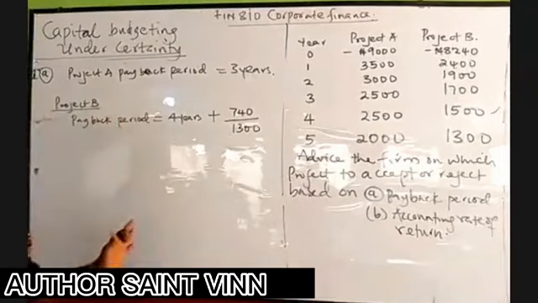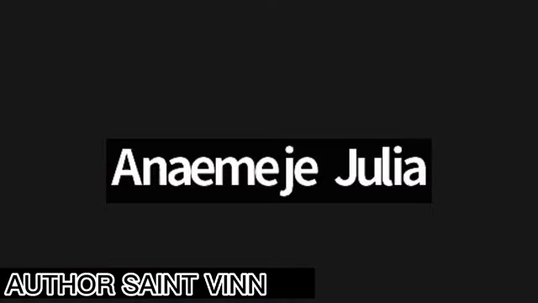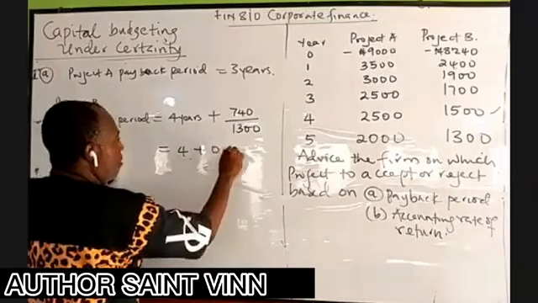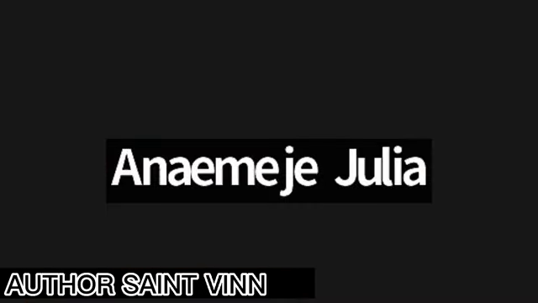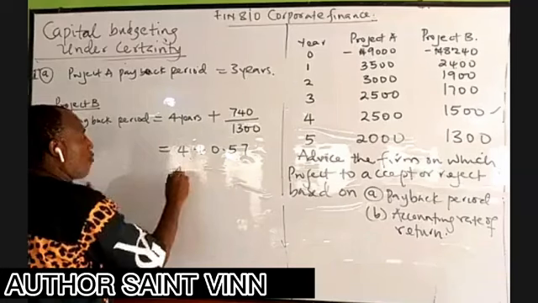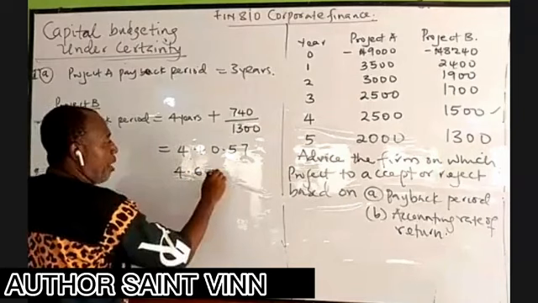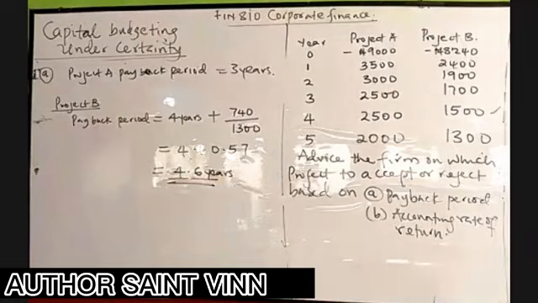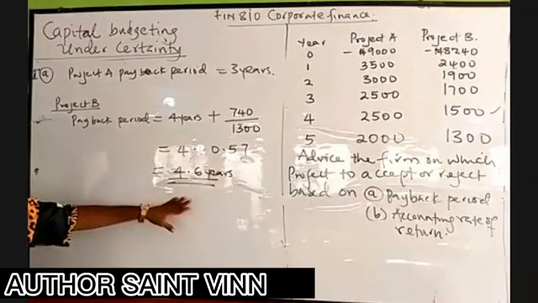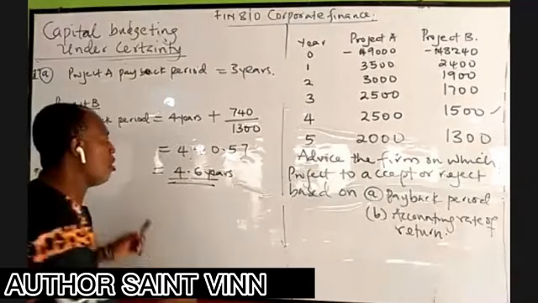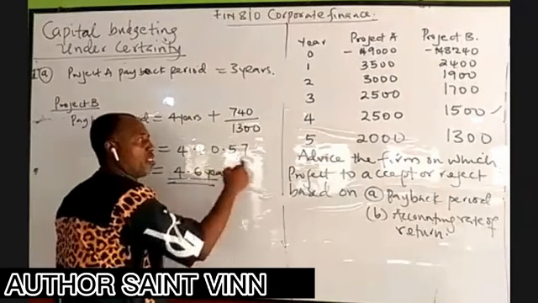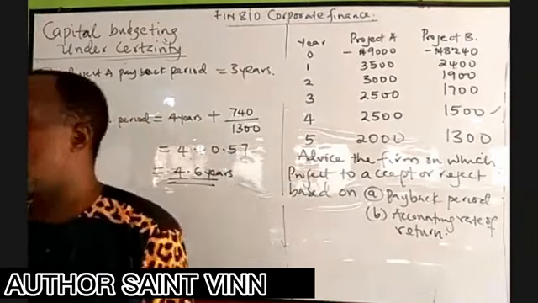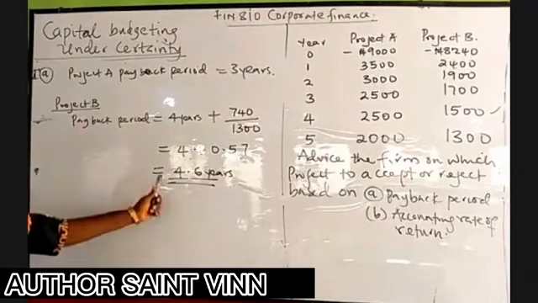Be clear? Good. So what's the result? 0.357. So it's 4.6. If you want months, you have to multiply by 12. But if you don't bother, it's just 4.6.